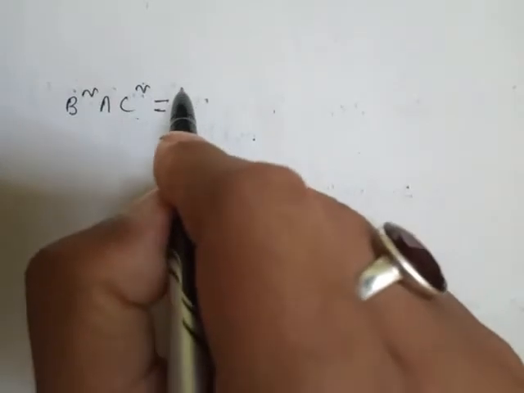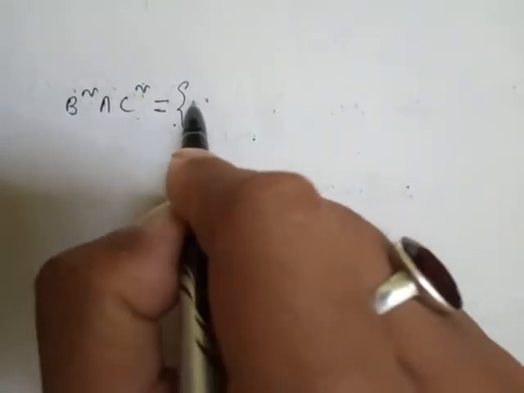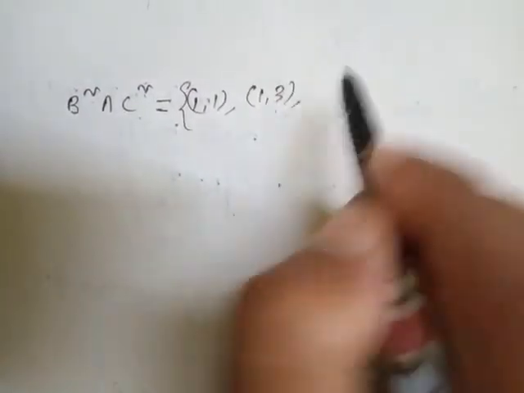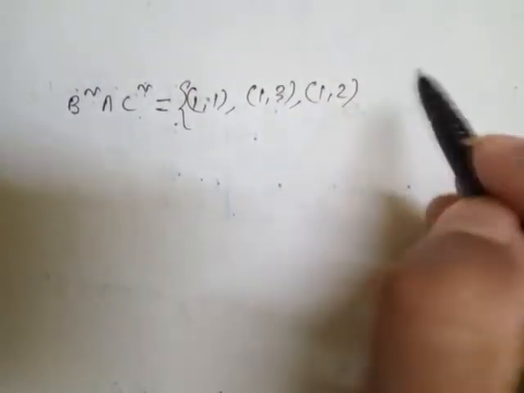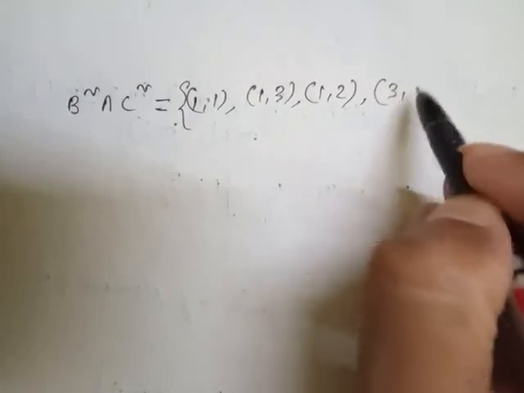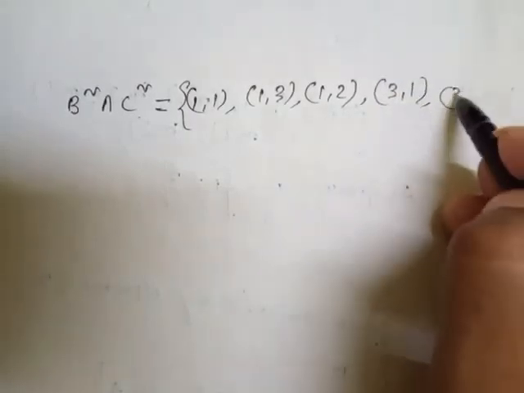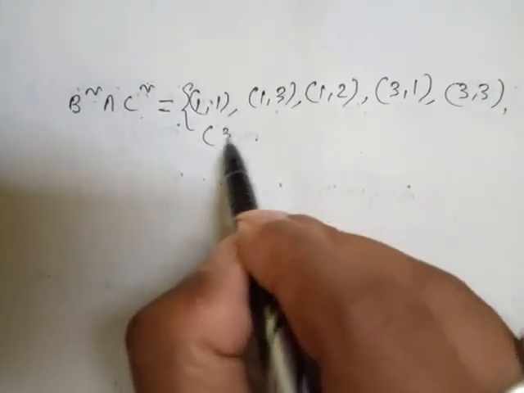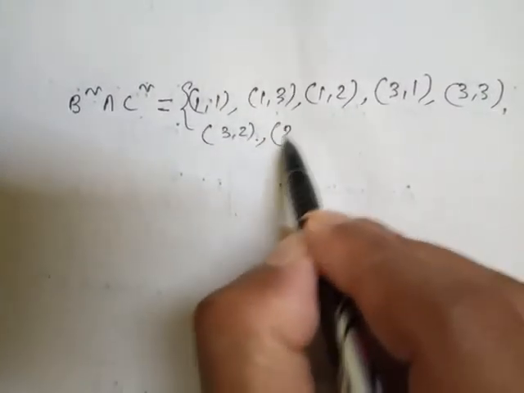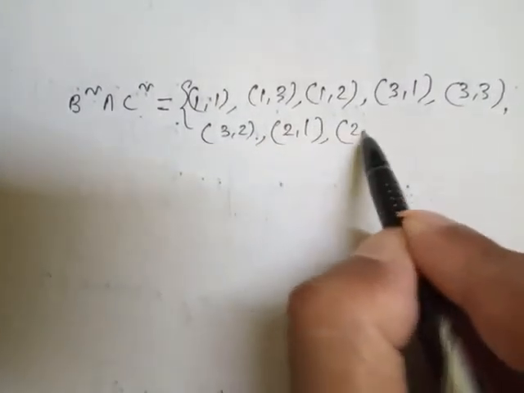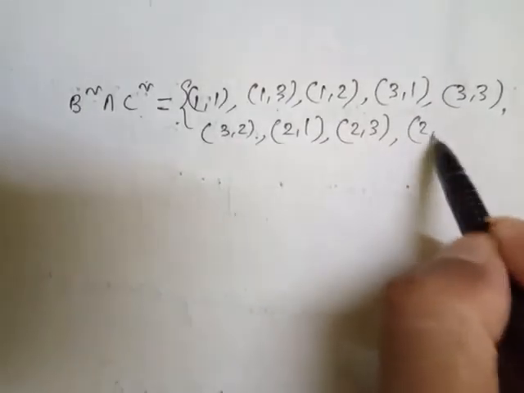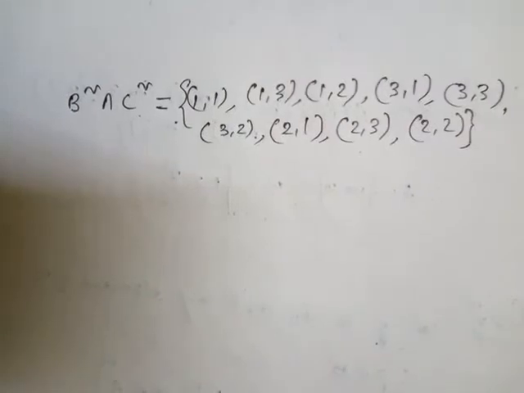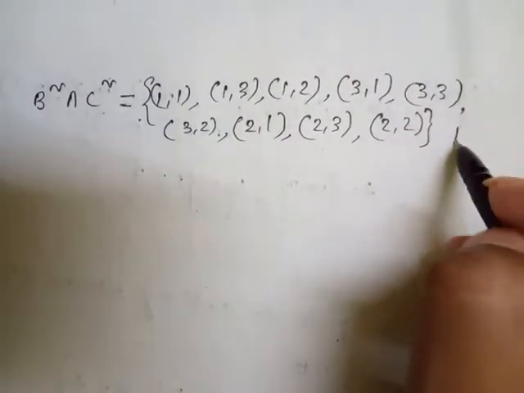Value of B square: 1 comma 1, then 1 comma 3, then 1 comma 2, then 3 comma 1, then 3 comma 3, then 3 comma 2, then 2 comma 1, then 2 comma 3, then 2 comma 2. This is the value of B square only. Now student, I am using the intersection sign here.